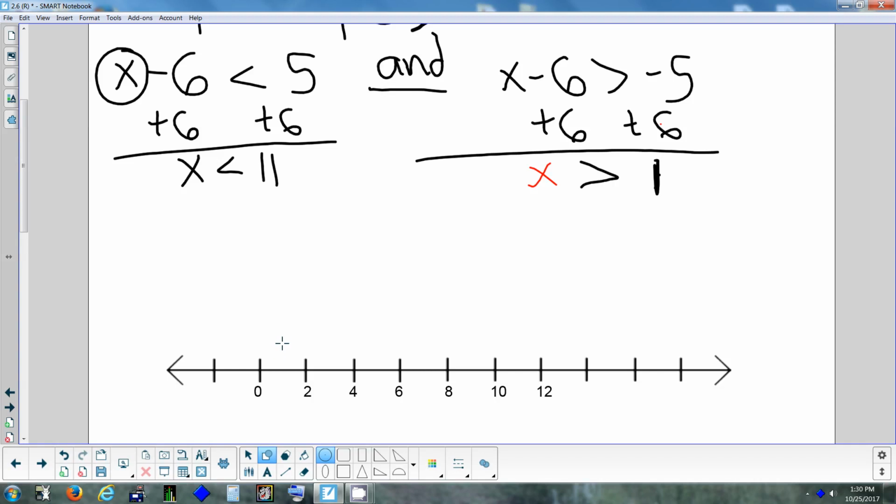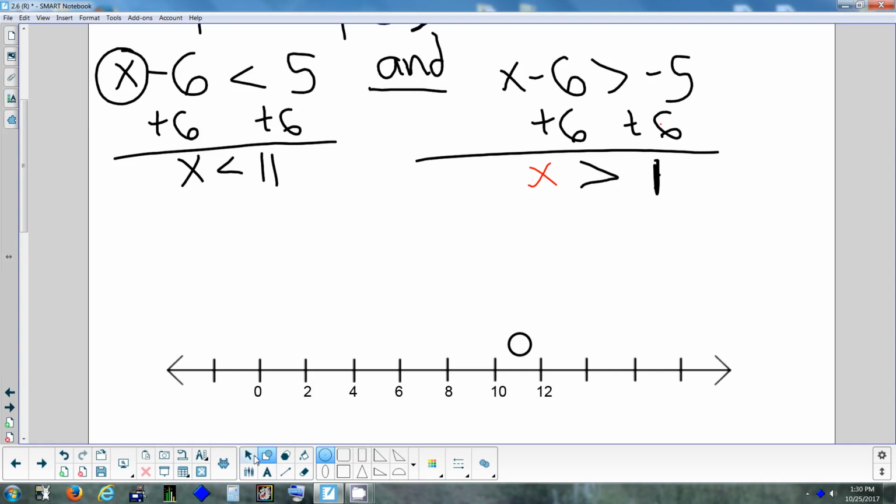Decide how I'm going to graph this. There's no 11 on it. I know. What would you put? We can put it between 10 and 12, right? Open or closed? Open. How do you know? Because there's nothing underneath, right? Open there.